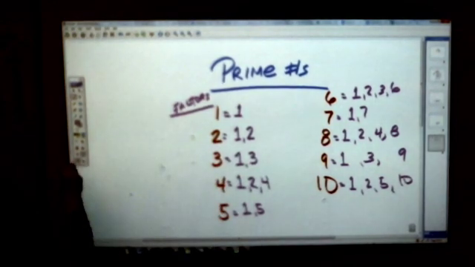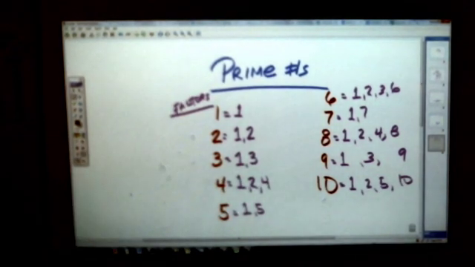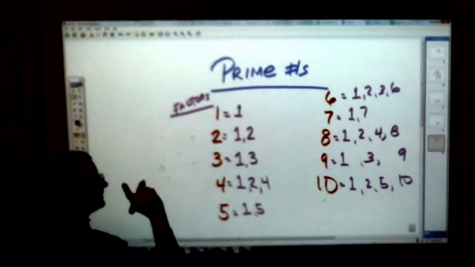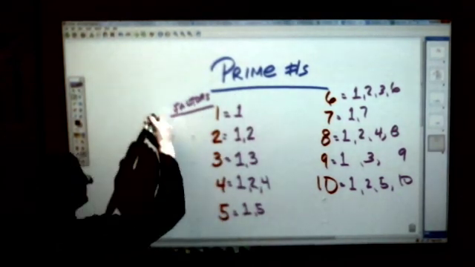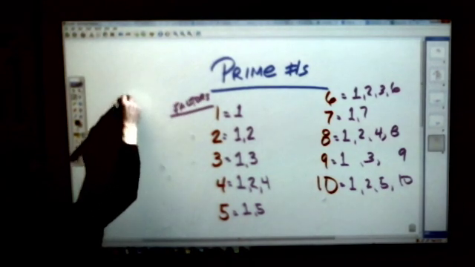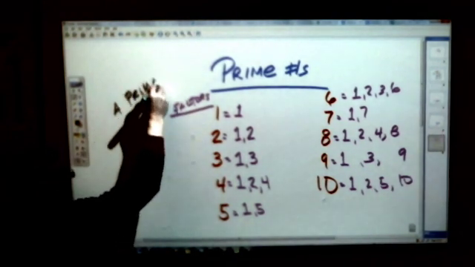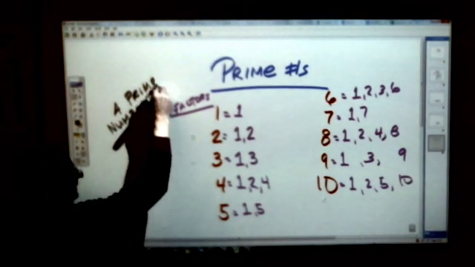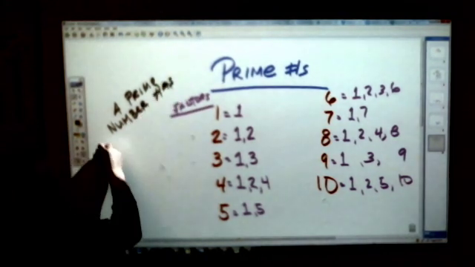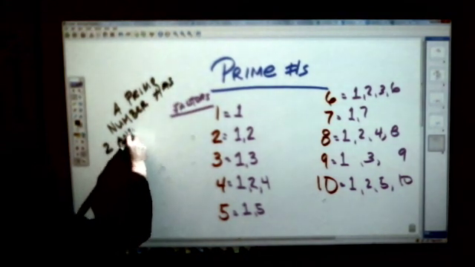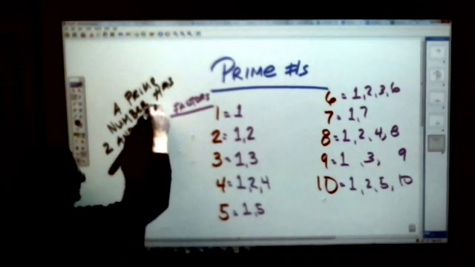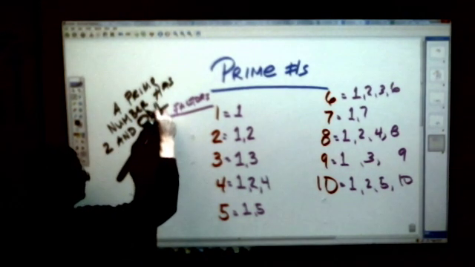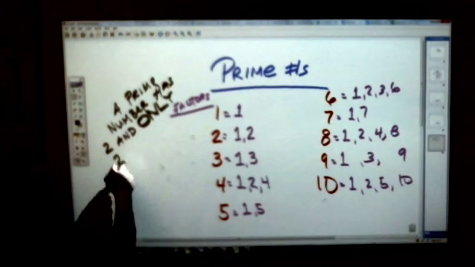Now the question you're asking is, what does all this have to do with prime numbers? Well, the definition of a prime number is this, and we need to write this somewhere here. A prime number has only 2 factors.